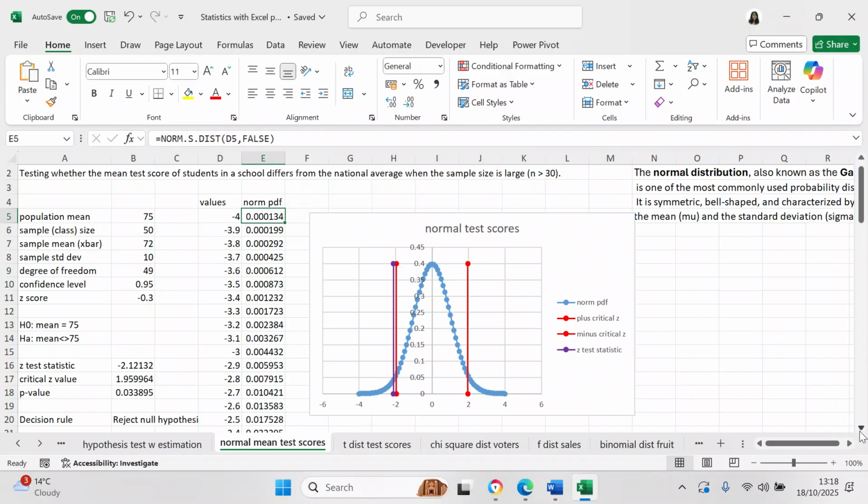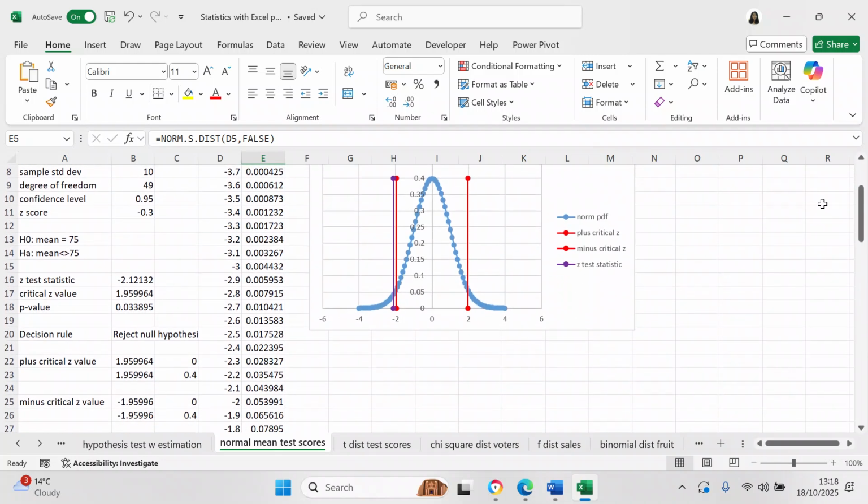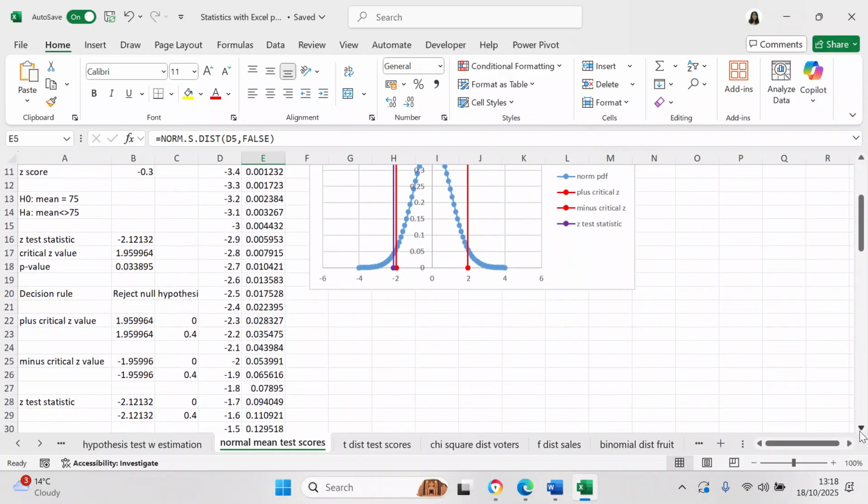And so we create the normal distribution, and then we create the statistics to go along with it: the plus critical z value is 1.95, the minus critical z-value is negative 1.95, and your test statistic is negative 2.132.